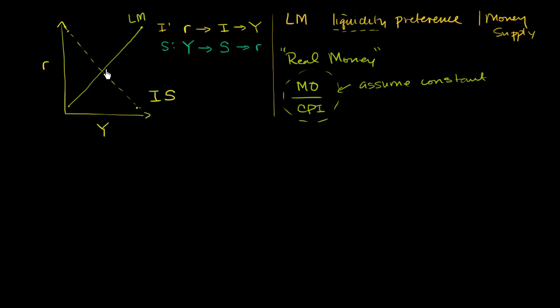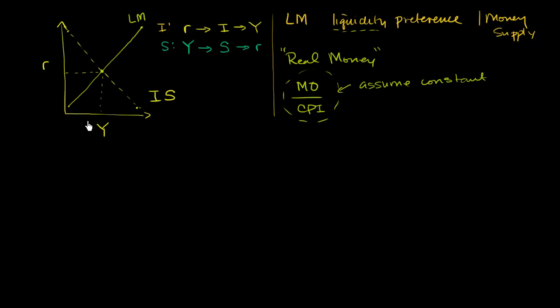This is just how much people, as things get better and better, more and more economic activity, want to hold more money. So when you take them both into consideration, you end up with an equilibrium point. There is going to be one point that meets both constraints, and this is the point at which the economy is at equilibrium relative to real interest rates and real GDP.